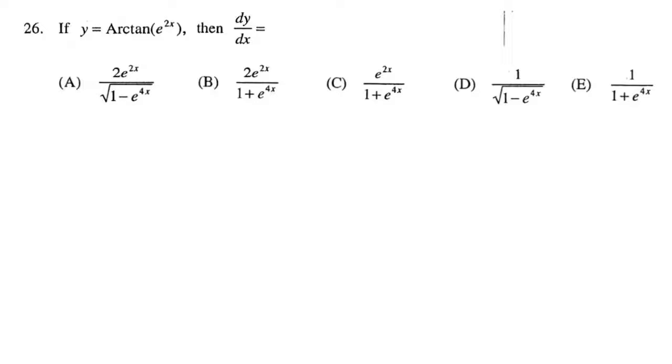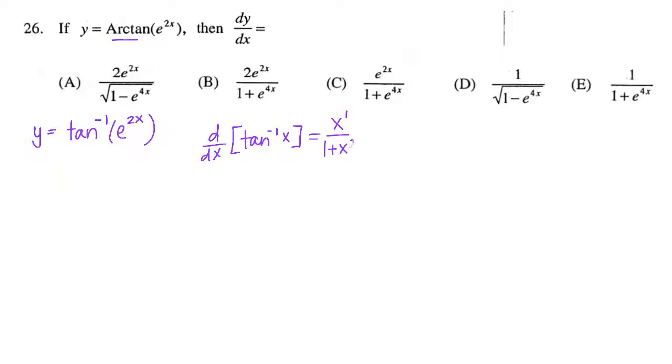Okay, so for number 26, we're told that y equals arctan, a lot of times now you would see that as the inverse tangent of e to the 2x, and we want to know what the derivative is. We do have a formula that says if we take the derivative of the inverse tangent of x, then we're going to get x prime over 1 plus x squared.